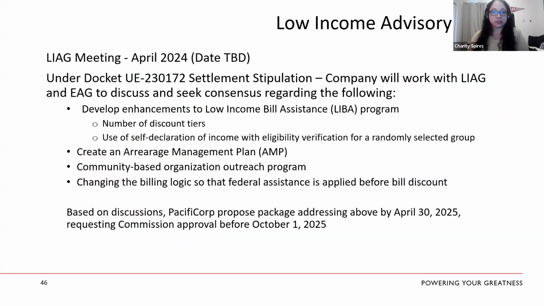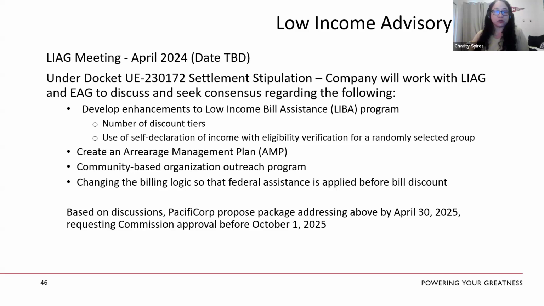We have some discussions on the changes, filing to change the surcharge, and then also start conversation around the recent stipulations for the Low Income Bill Assistance Program and the Arrearage Management Program outreach, and also changing the logic to our bill discount, where it's applying it prior to the LIBA discount being applied.